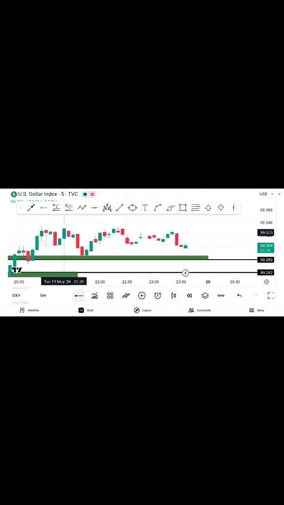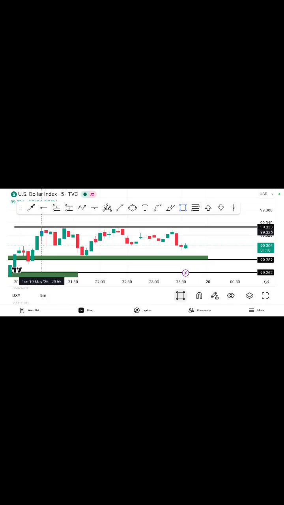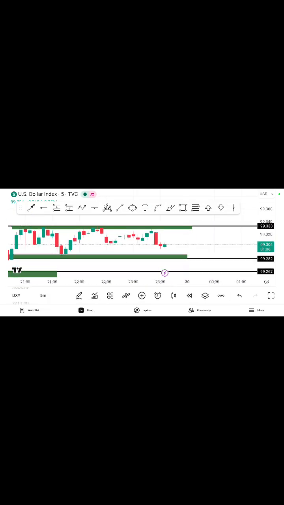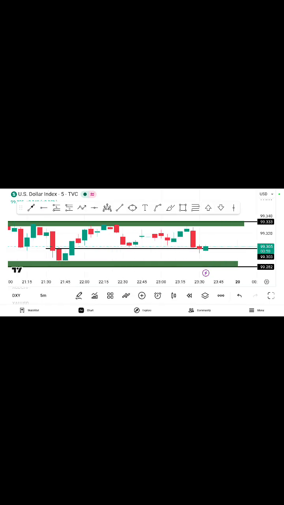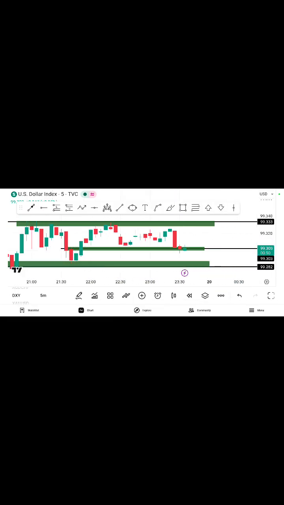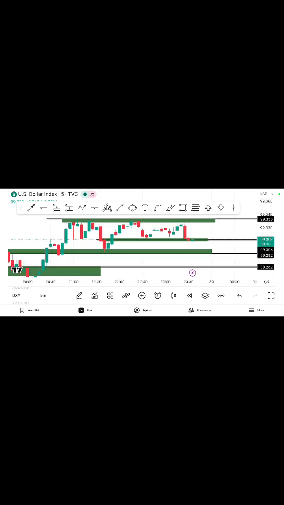And this is the high that we expect the market to break and go above, right? This is what's happening. This is where the market reacted, at the current market price. Fine, it's fair.